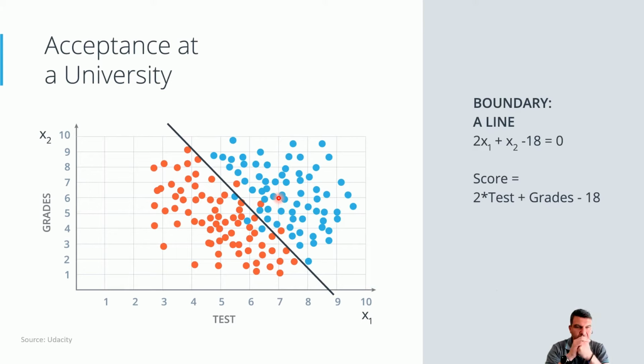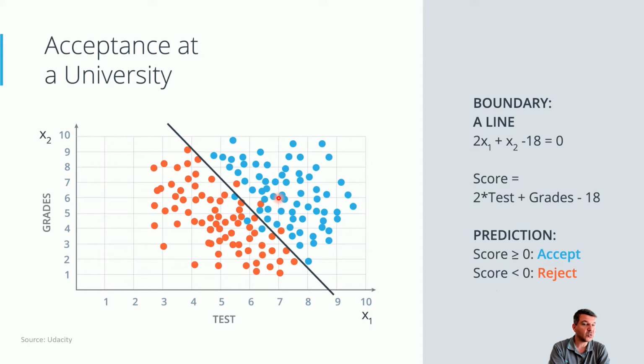Now let's look into this. Okay, what does this mean? It means that the prediction will say that if x1, x2, for that equation gives us a result greater than or equal to 0, we assume that this person gets accepted. Otherwise, we assume that this person gets rejected.